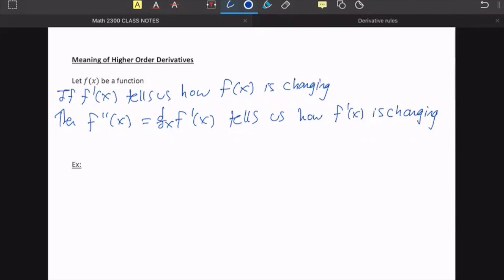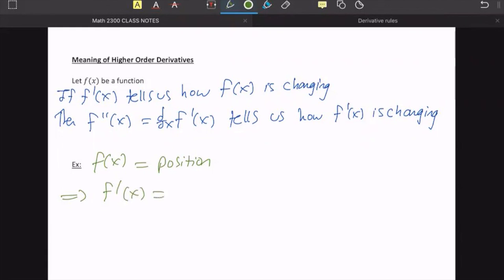And so one really easy example of this, to Josh's point, is if f of x is the position function, so it tells you how far you are from something, or you're driving from here to Worcester or something, right? And you have some distance function. Then f prime, what does f prime tell us then?